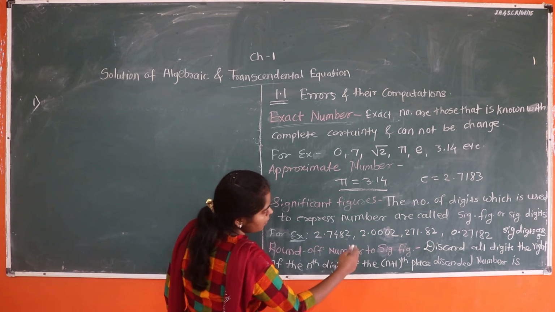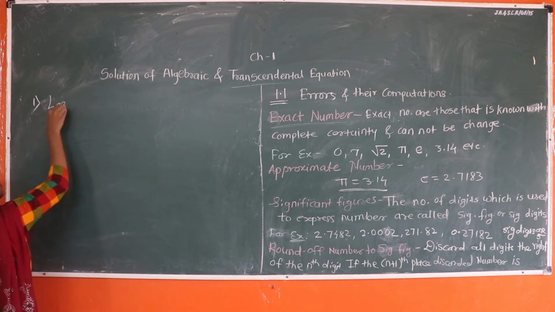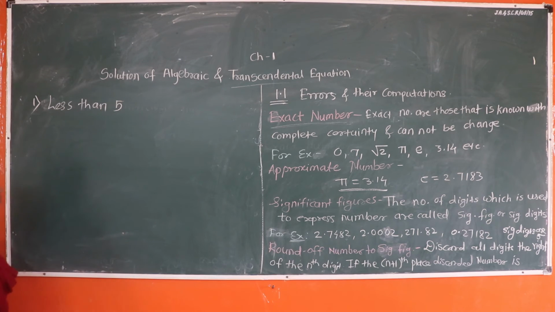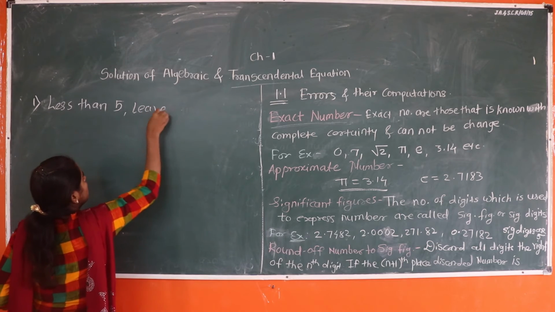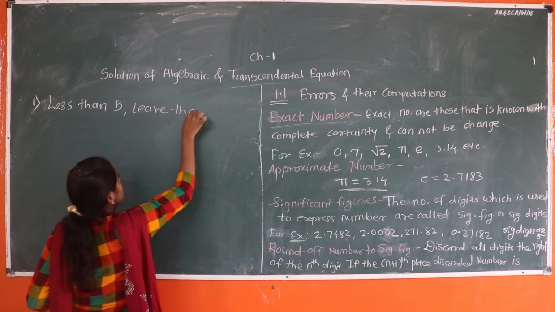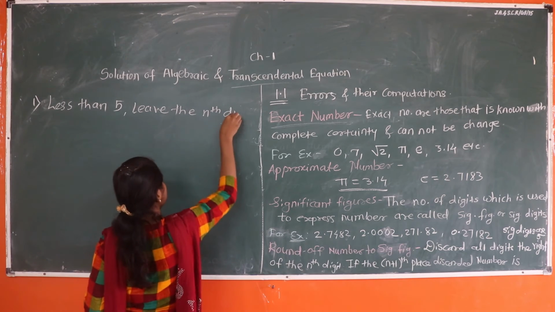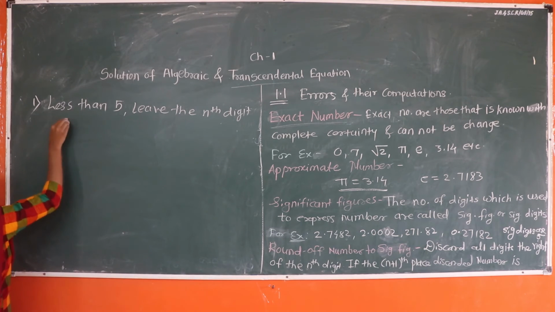If the n plus 1 place, the first discarded digit, is less than 5, leave the nth digit unaltered.